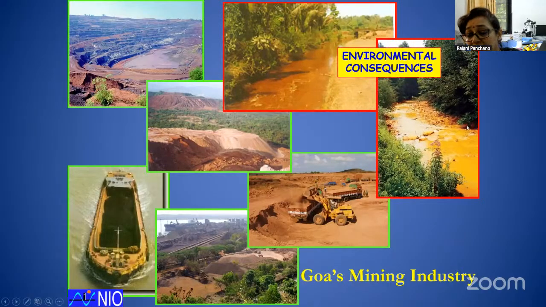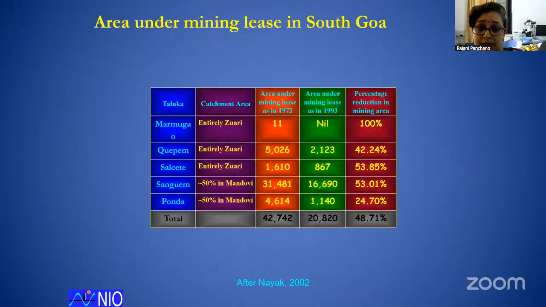These water bodies, all along in entire Goa, you will see that they are rich in iron ore. And because they are rich in iron ore, there is a lack of productivity. It increases the turbidity of the water bodies, and because of that, sunlight cannot penetrate. And because of no sunlight penetration, the benthic productivity, that is the productivity on the ocean floor, reduces.